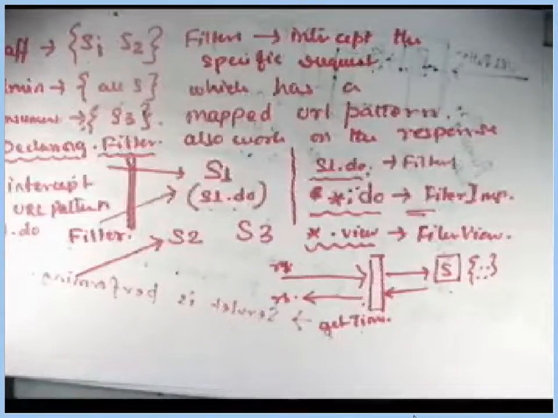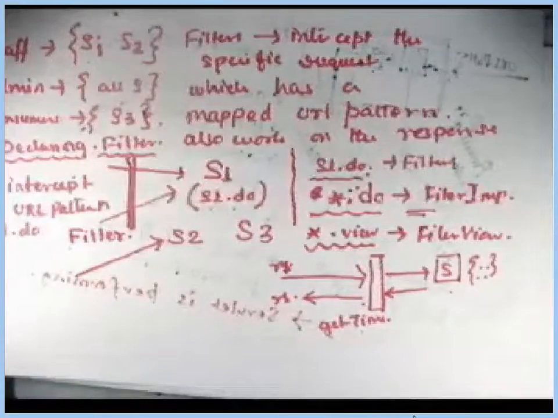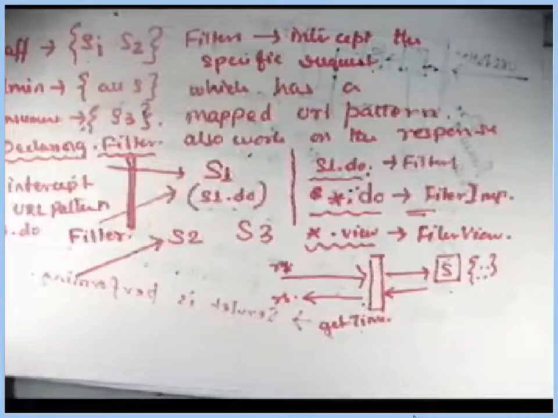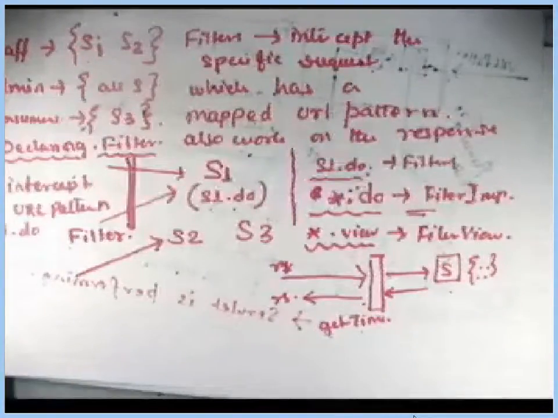Like your web container accepts requests, the web container has a lot of capabilities. One of them is to accept the request and find out what kind of URL patterns are there in the request. Then the web container can look for a filter, if available, for a particular servlet.